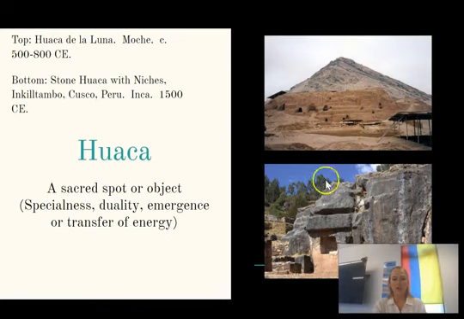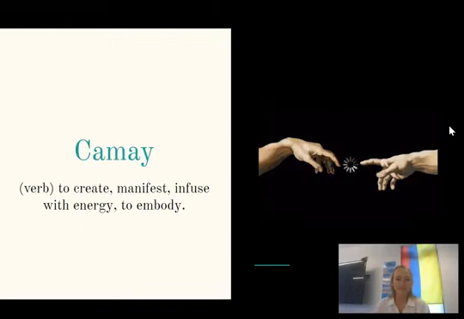The bottom is a stone huaca that people have carved niches into in Cuzco in Peru. So again, a huaca can be something that's out of the ordinary and therefore considered to be sacred or special. It can also be a man-made space that's meant to embody or house a transfer of energy.